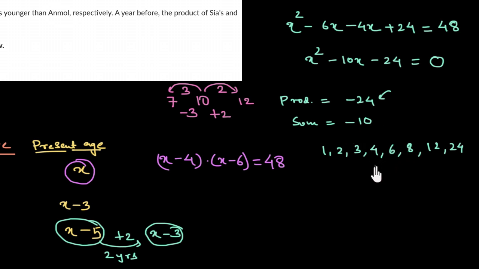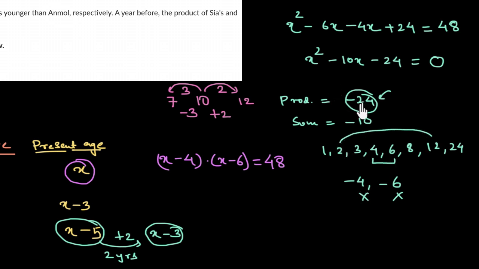But we want the sum to be negative 10, and you are open to use negative and positive symbols as per your requirement. So if we would pick 4 and 6, this combination would somehow give us 10. If, let's say, we would pick negative 4 and negative 6, negative 4 times negative 6 is positive 24. But what we require is negative 24. So we can't take this. Let's look for some other pair. What about 12 and 2?